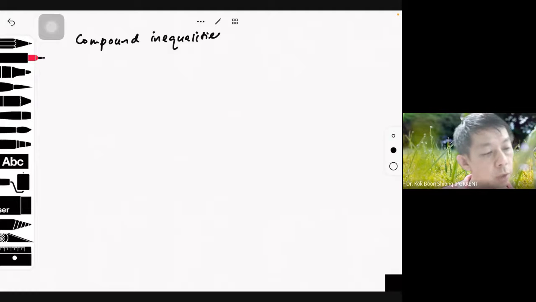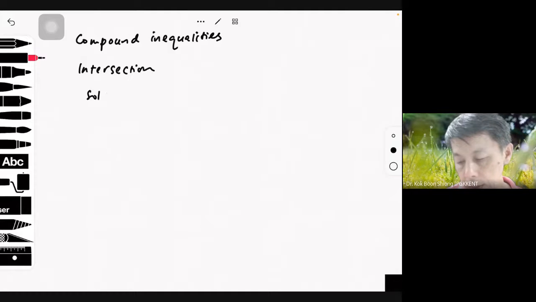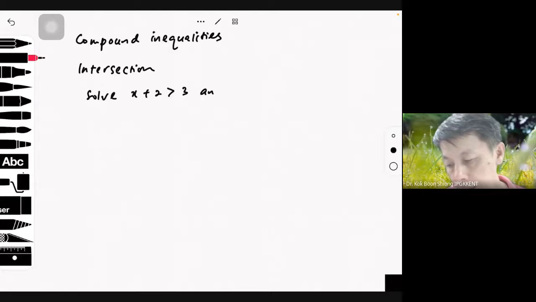Okay, the first example. Example one, let's say we have an intersection. So the question is solve x plus 2 greater than 3, and x minus 6 less than 7. When you see the word 'and', it means intersection.